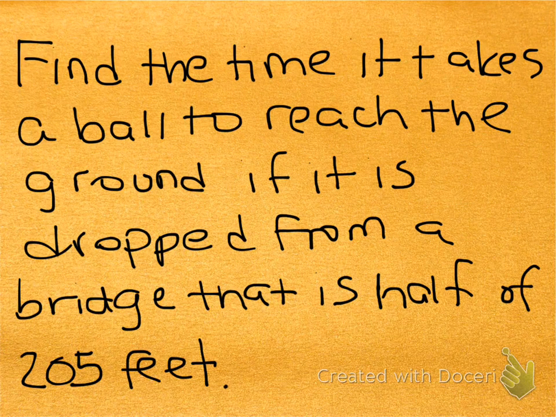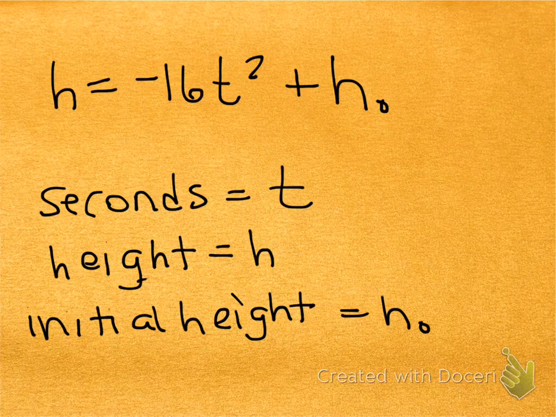And the last one, we are given a scenario here where we need to find the time it takes a ball to reach the ground if it is dropped from a bridge that is half of 205 feet. And we're going to use this equation to help us. So t is seconds, h is height, and h sub 0 is the initial height.